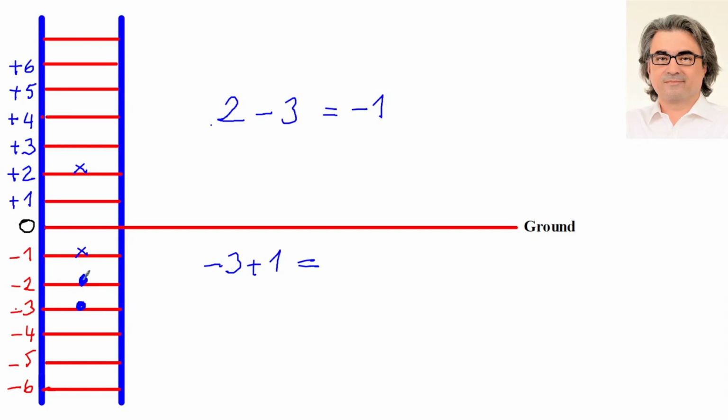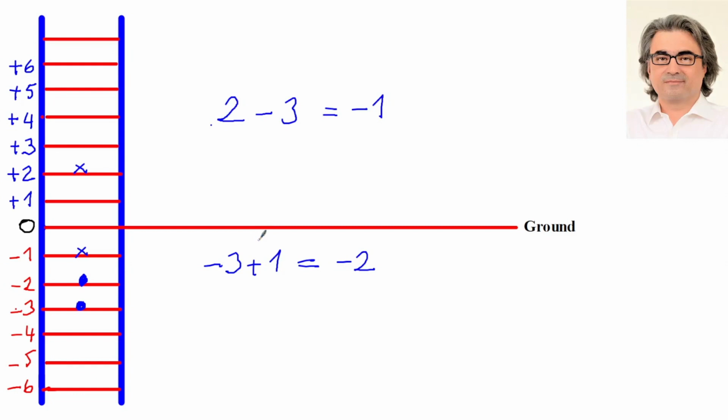And I finally reach this step. It's minus 2. So are you understanding? Now I think we are starting to understand how to add and subtract integers on the ladder.